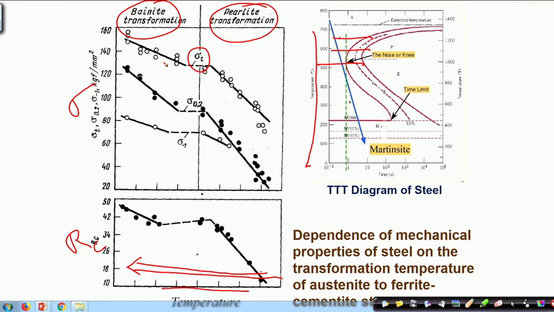So, given a choice, if you are looking for very high hardness or very high strength, then obviously you would prefer a bainitic microstructure to a pearlitic microstructure.